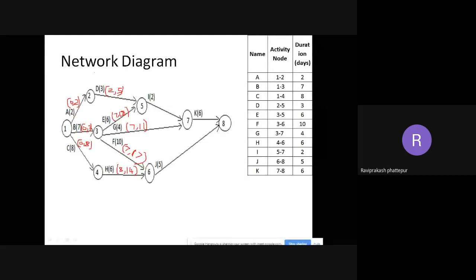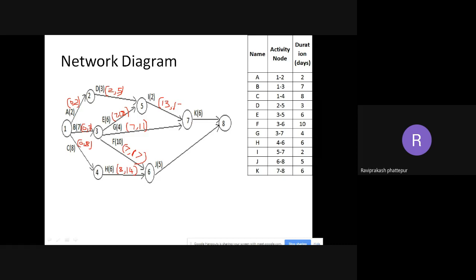So it is 13. I will start at 13. Then 13 plus 2 is 15. 13 comma 15.